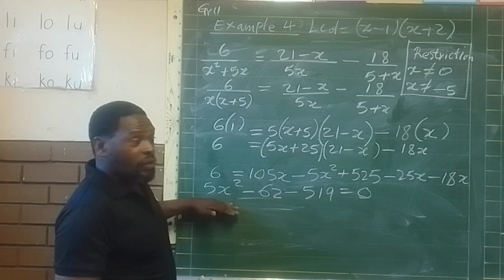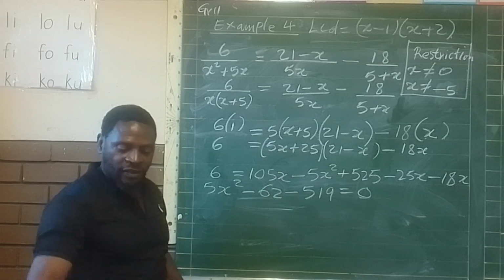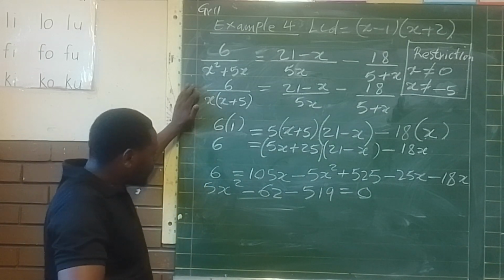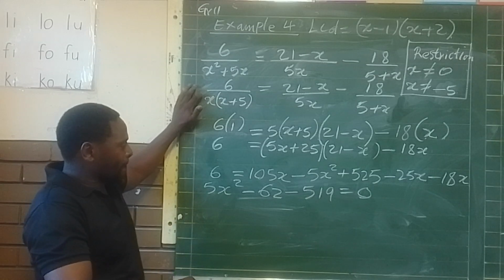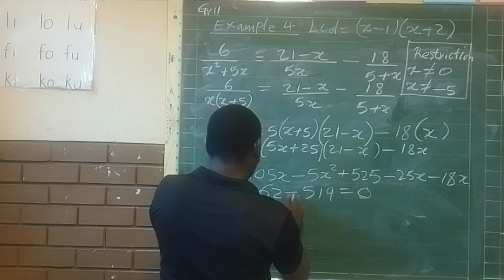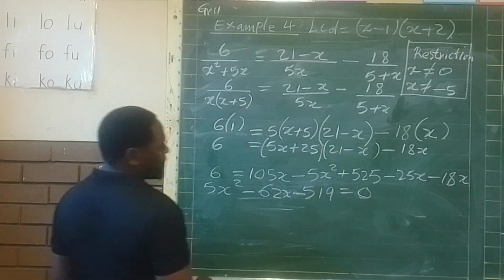This you cannot factorize, so we go for the factorization where we use the formula. This 62 is x. X here. Right?